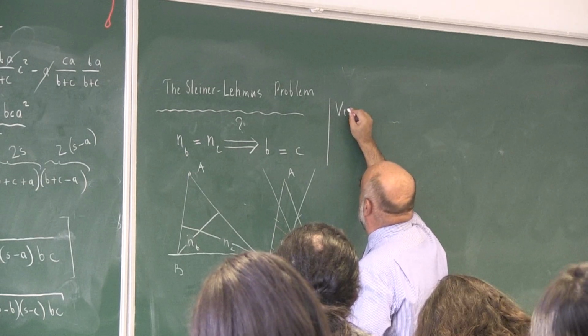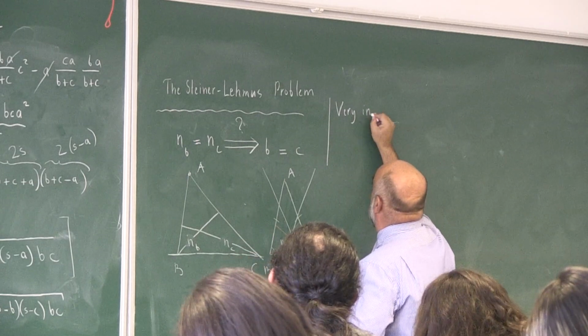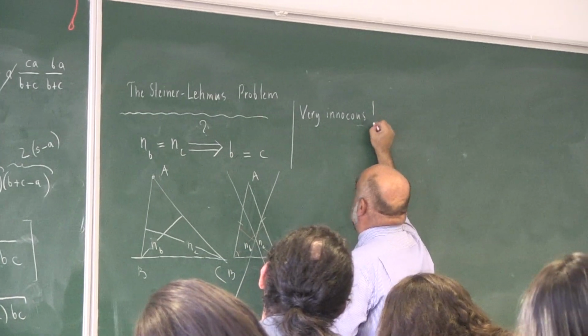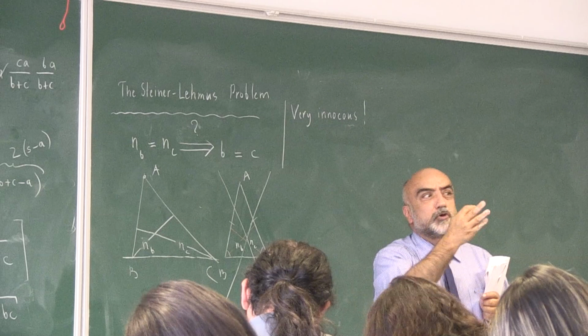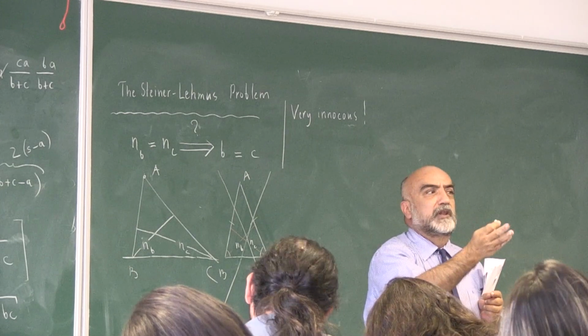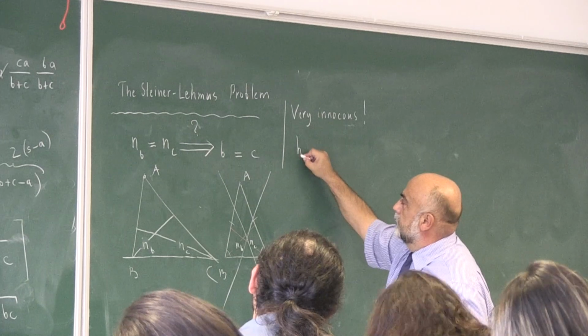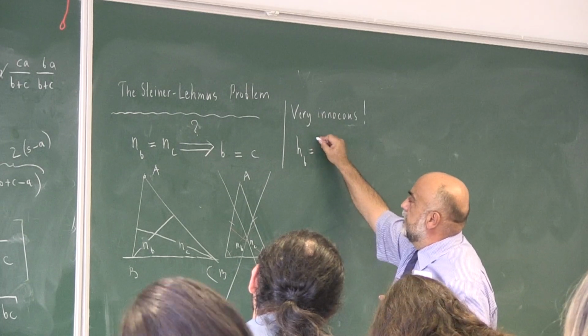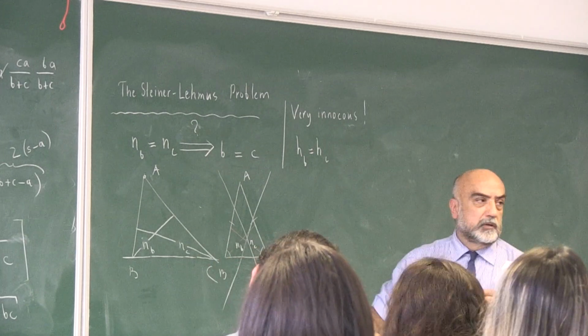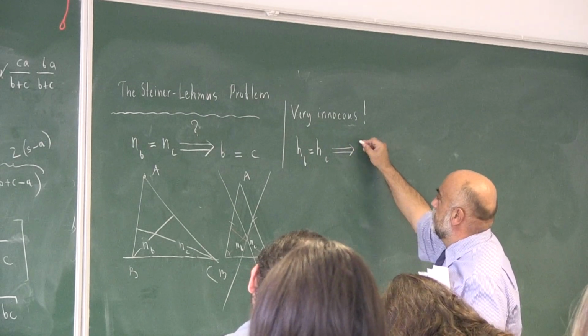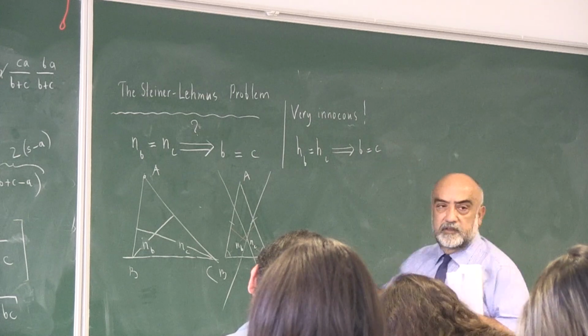Indeed, very innocuous. But you see, for instance, do you remember in my very first lecture, I told you the following. If the two altitudes, HB and HC, are equal, then you must have B equal to C. This is very simple.